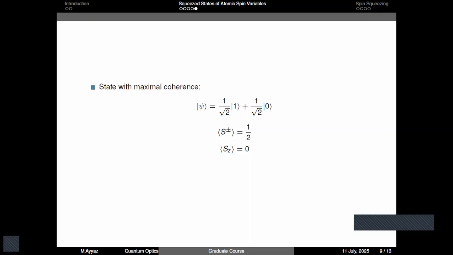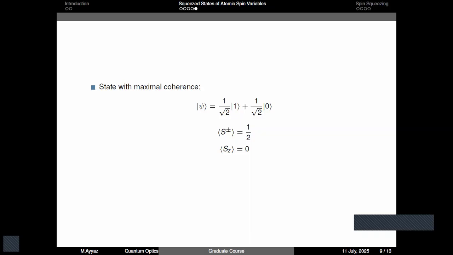Or you can see in other ways that this state has equal uncertainty, and this uncertainty is already equal to the standard quantum limit. Then we could not take it down below the standard quantum limit.